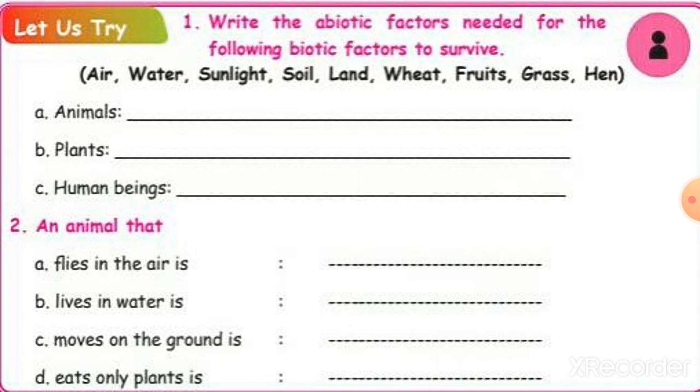Abiotic means non-living factors. The keywords are: air, water, sunlight, soil, land, wheat, fruits, grass, hen. The questions are: animals, next plants, next human beings.